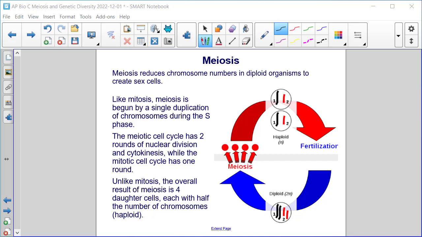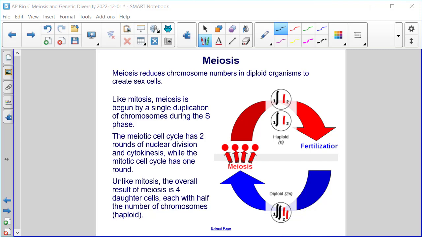Like mitosis, meiosis is begun by a single duplication of chromosomes during the S phase. The meiotic cell cycle has 2 rounds of nuclear division and cytokinesis, while the mitotic cell cycle only has 1 round.